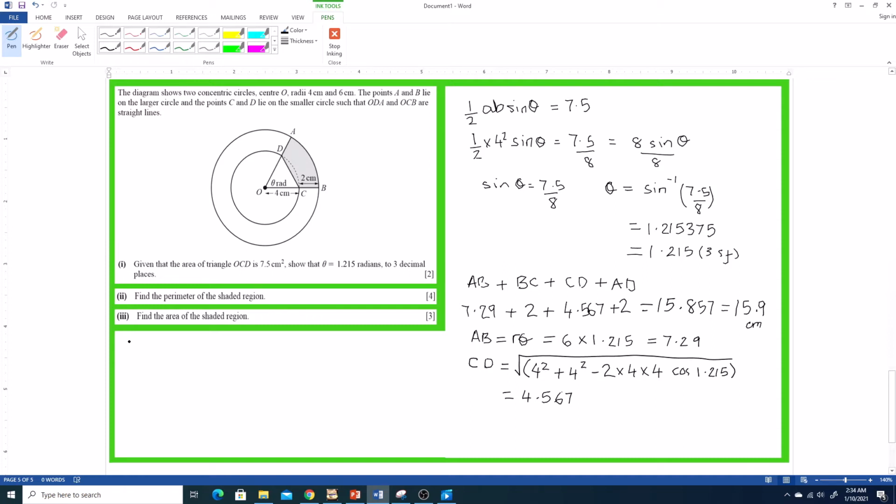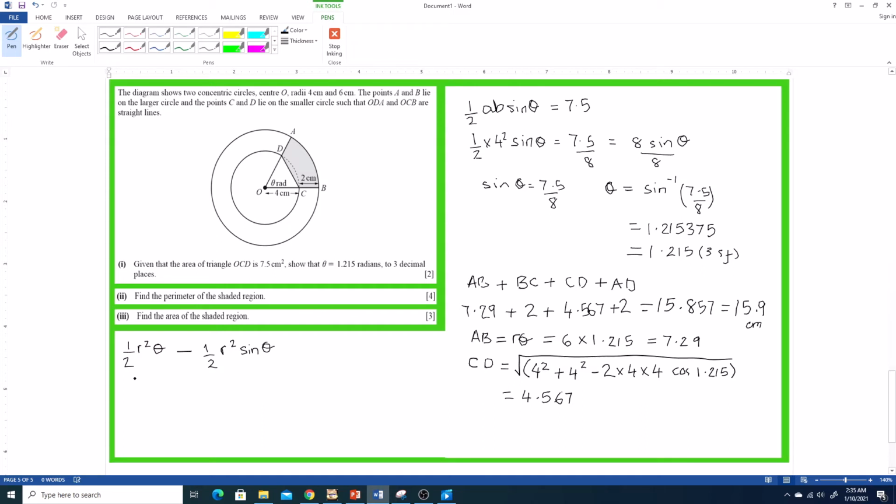So area of the sector is a half r squared theta, and we're going to minus the area of the triangle, a half AB sine theta. In this case, our A and our B are our radii, and then sine theta.